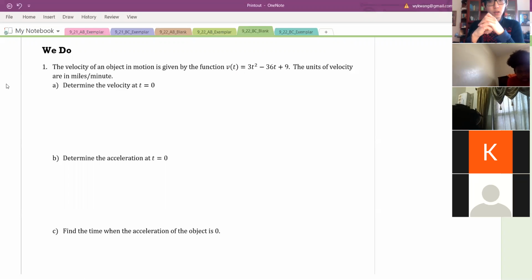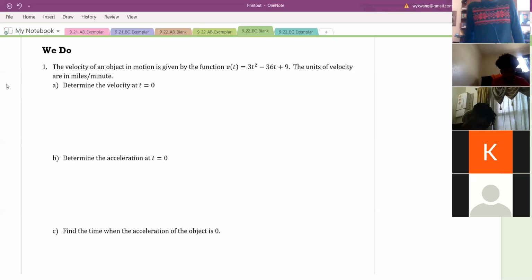Yep, Samantha, that's right, exactly. I'm seeing a lot of people who are definitely doing the calculus correctly. This is just a problem where they try to trick you with the wording, and I'm seeing a few people fall victim to that. It seems like most people have finished the problem.